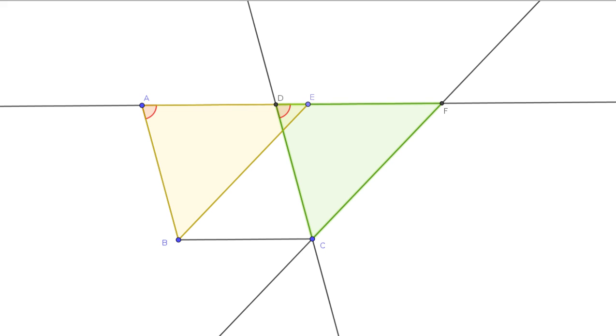Now, looking at those two triangles, we notice that there's this little area of overlap. If we take out that triangle DGE from both of those triangles, then since those two triangles are congruent, they've got equal areas.